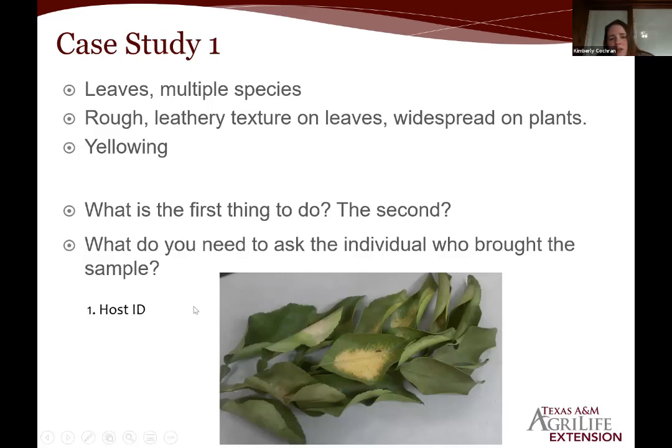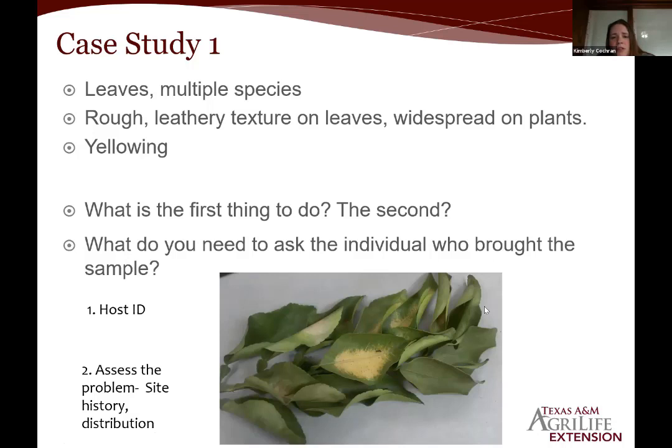You ID the host. So in this case, it was citrus. Someone brought me some grapefruit and some orange and some Mexican lime. Then I assess the problem, and I take a site history and get an understanding of the distribution of the problem. So in this case, it was actually severe scale and mite damage. Well, mostly mites, a little bit of scale.